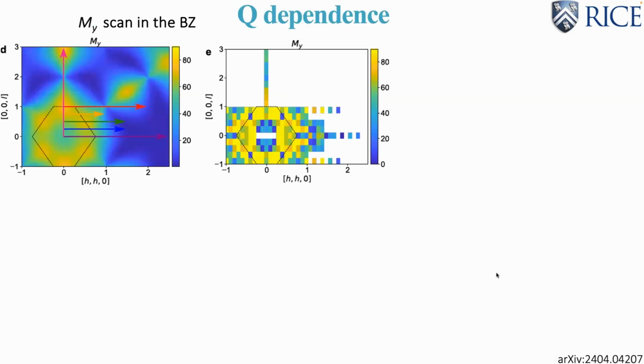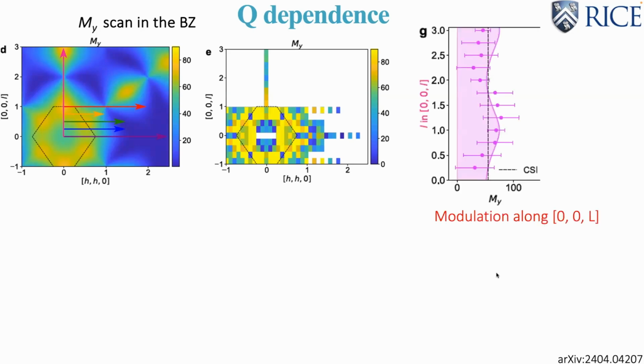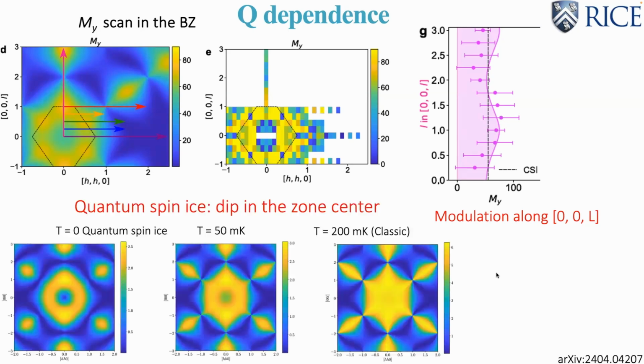Okay, there's a Q dependence. The left is the theoretical calculation, and the right is our data. They agree quite well, and you can see the modulation around the zero direction. You can see clear dispersion, and if it were a classical spin ice, then there would be no dispersion along that direction.